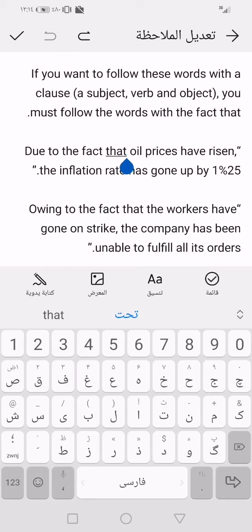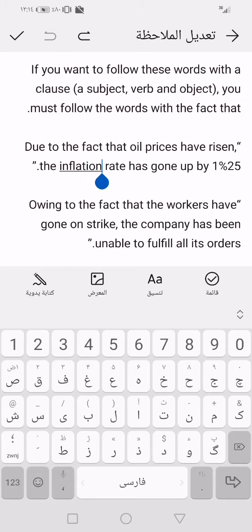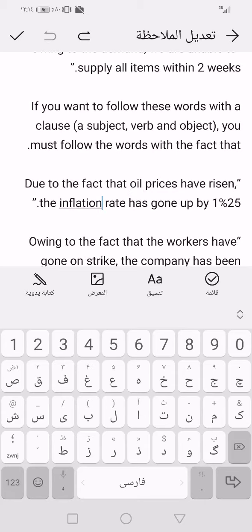Due to the fact that oil prices have risen, the inflation rate has gone up by 1.25%. نجي على هاي الملاحظة قبل لا نذكر المثال.